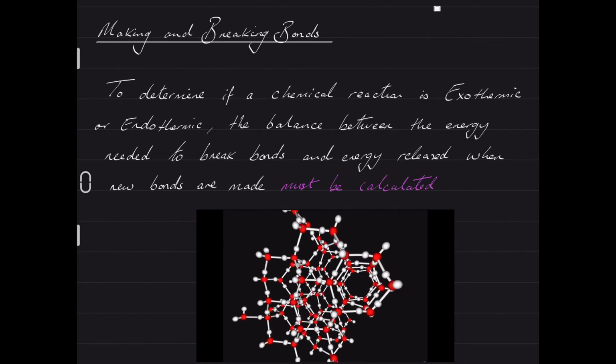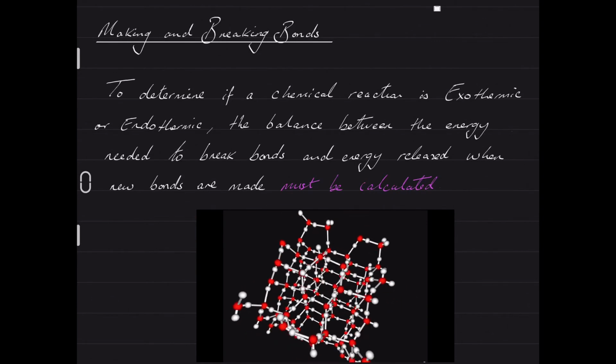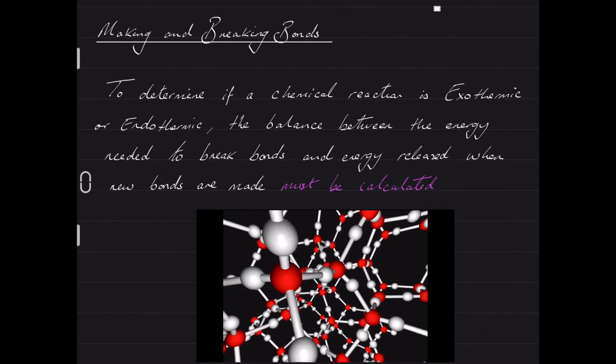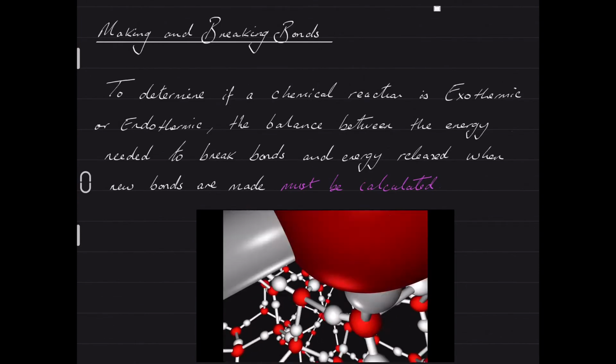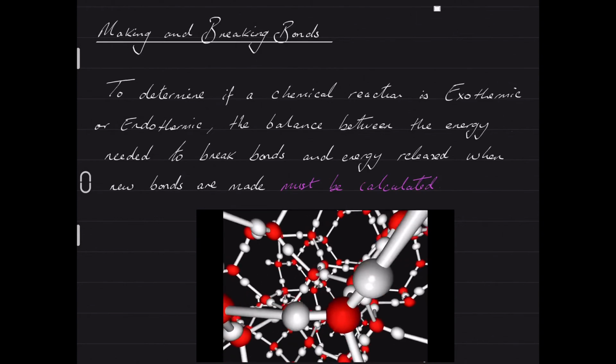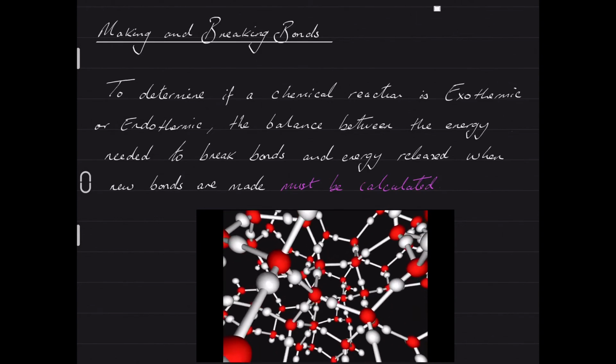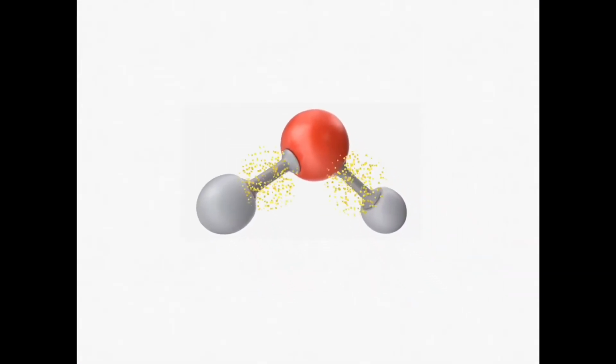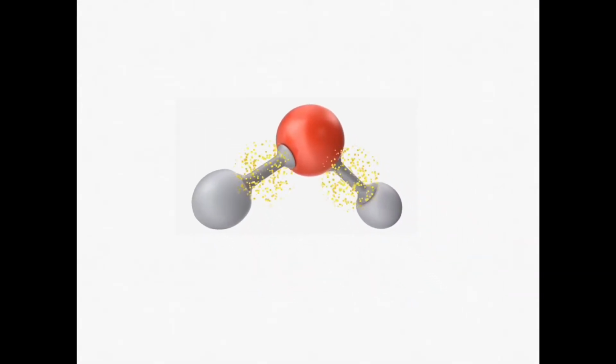Now, in doing this, we can also work out the energy required to break a chemical bond or to form a chemical bond. Here you can see a simulation that is showing how bonds are broken.